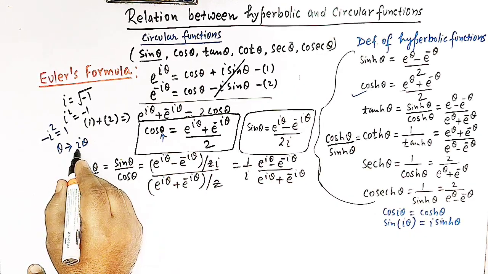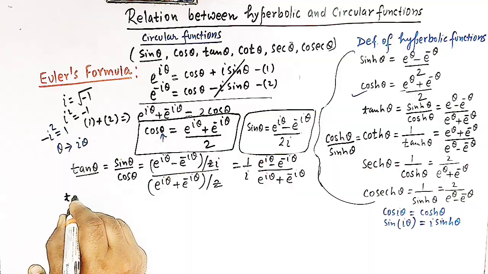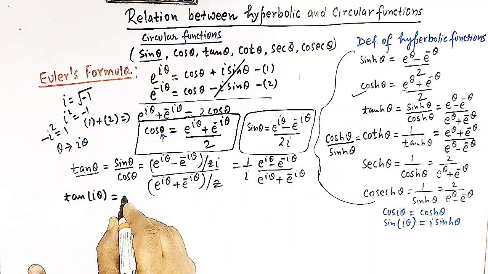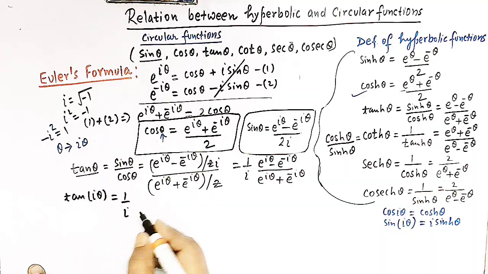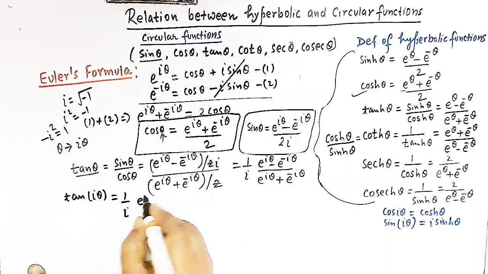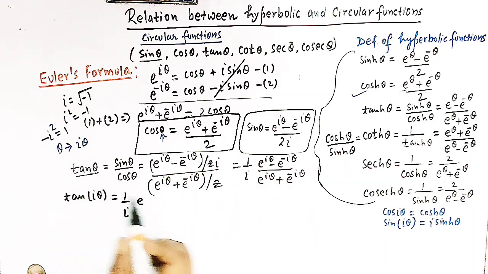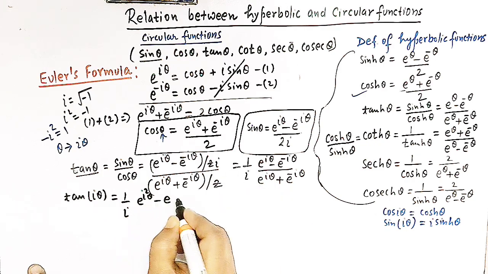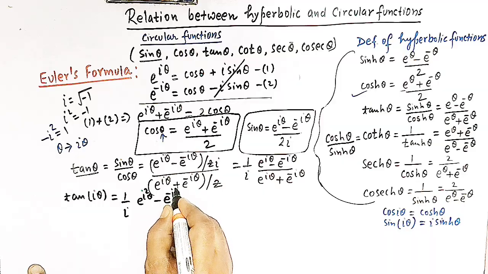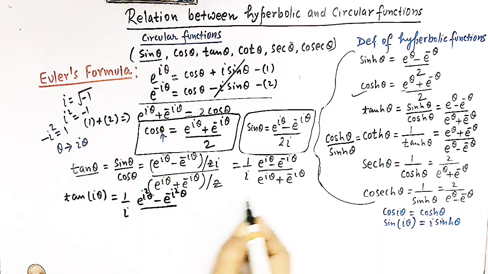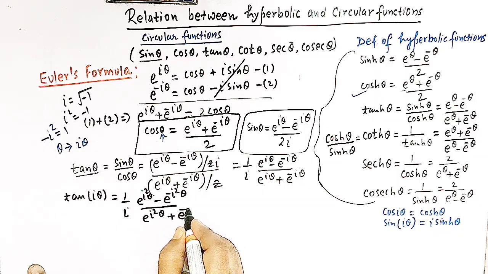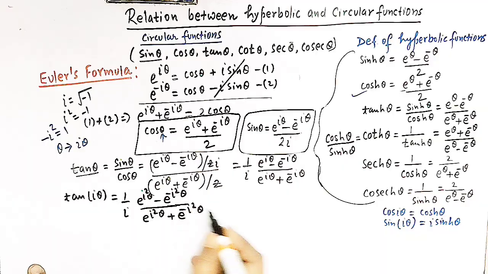So replacing theta by iθ, we now have tan(iθ) equal to 1 over i, and e raised to iθ·i, that is i²θ, then e raised to minus i²θ, divided by e raised to i²θ plus e raised to minus i²θ, right?